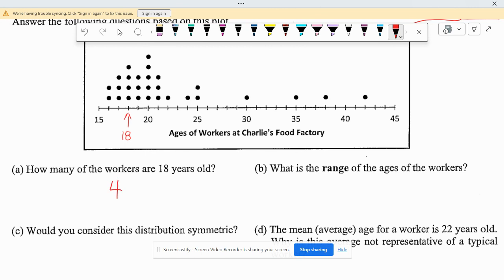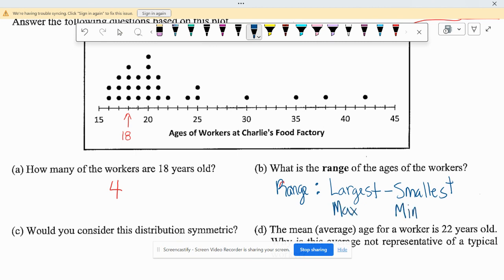What is the range of the ages of workers? Well, I don't know what range means. Who can help me out with that? So we're going to take the largest minus the smallest. And sometimes we call that the maximum minus the minimum.